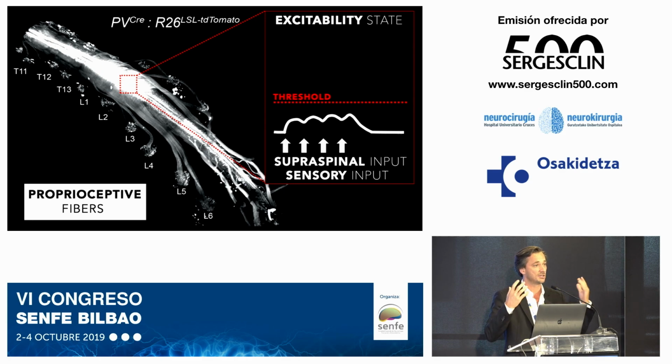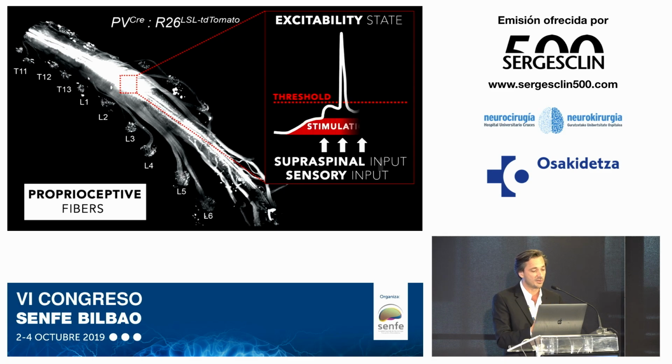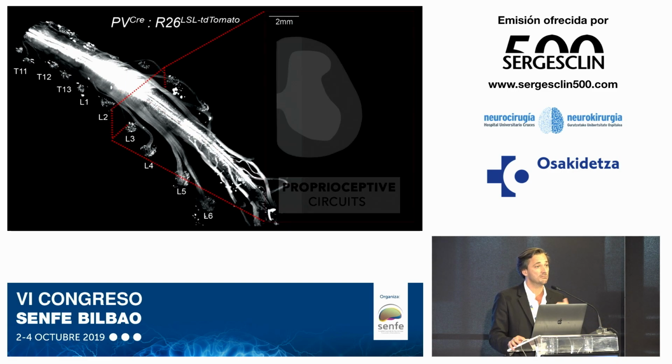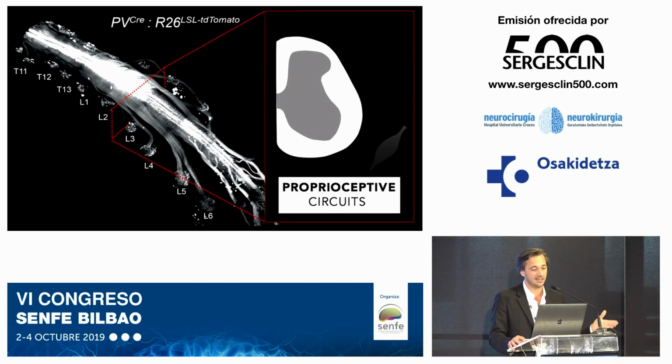So the system does not fire, you see no muscle activity. But if you apply this electrical stimulation, because of the widespread connection of proprioceptive fibers, now the same input from the brain or from the periphery will enable the network to fire. So that's increased excitability.